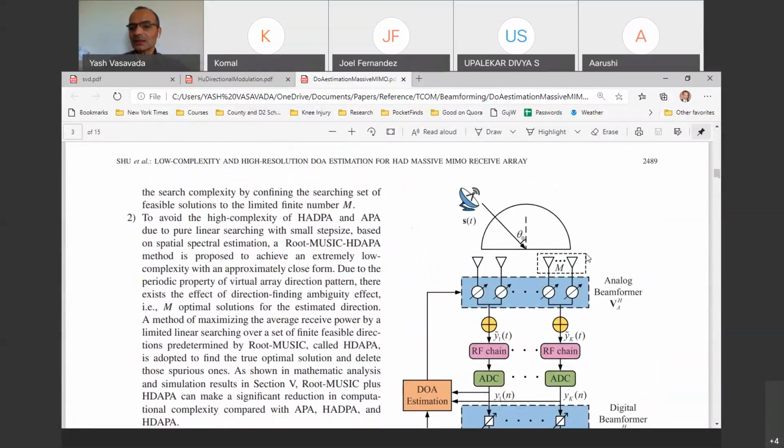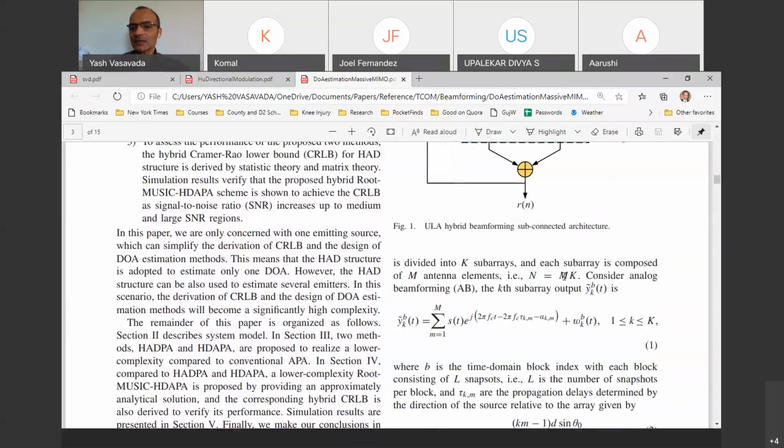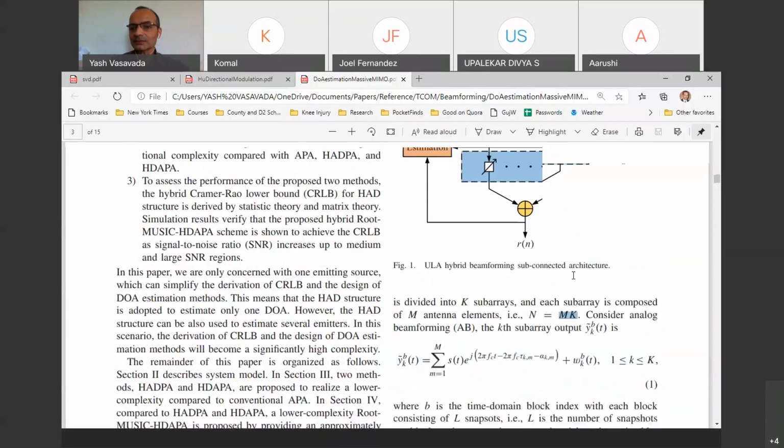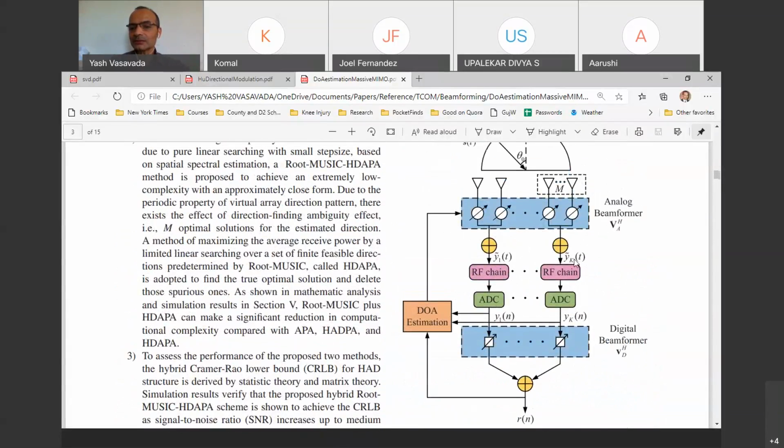Each set has M elements, and there are a total of K such sets, capital K. So this is y1 to yK.